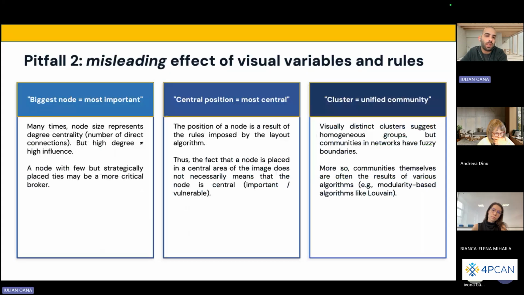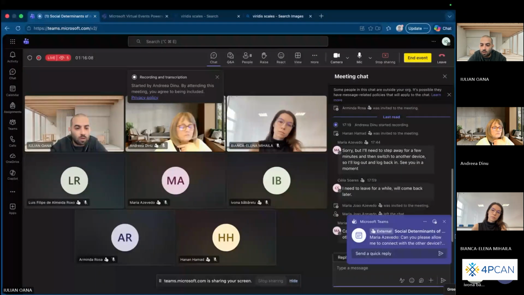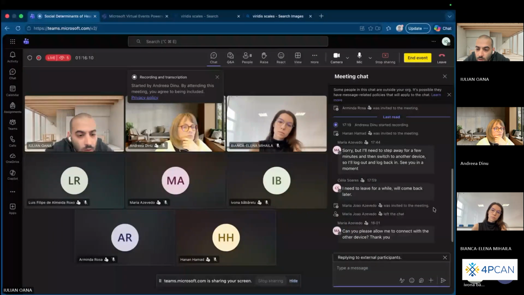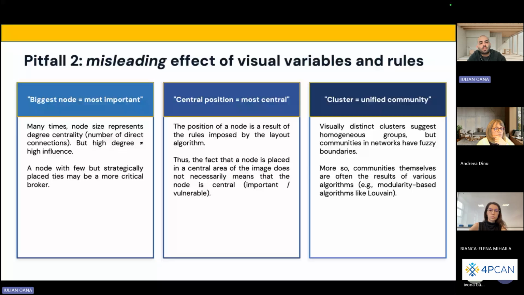The second pitfall is some misleading effects of visual variables and rules. Most commonly here, the biggest node is often regarded as the most important.